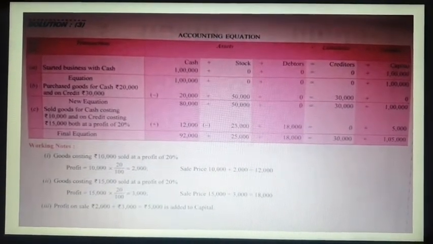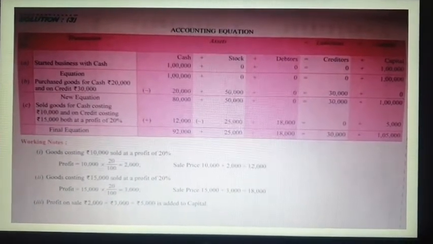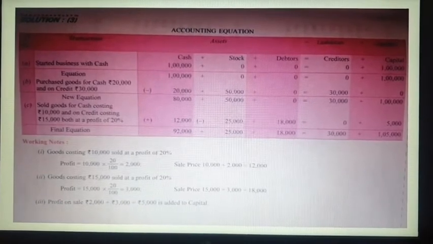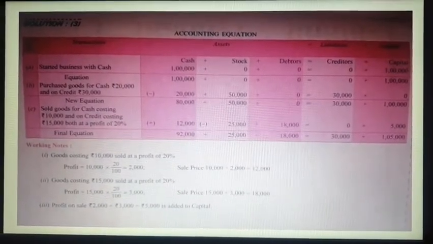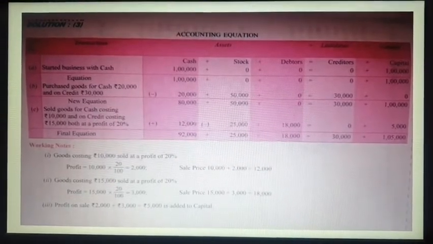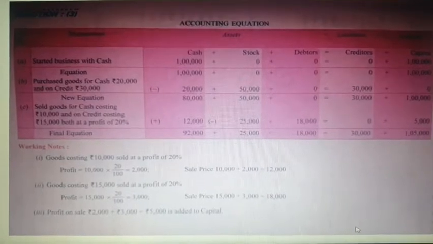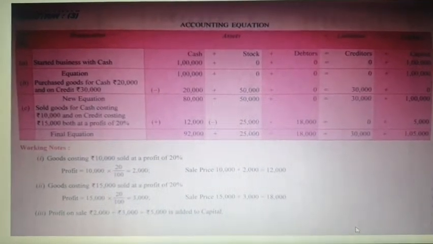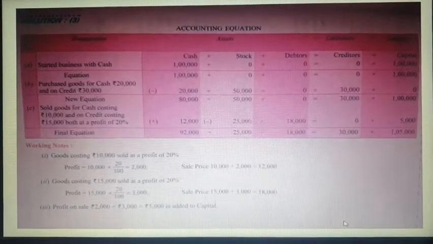First of all, see the impact on stock, because if you sell goods, your stock will decrease, and if you purchase goods, it will increase. In this case, you sold goods of 10,000 and 15,000, so stock will decrease by 25,000 because both goods are sold.